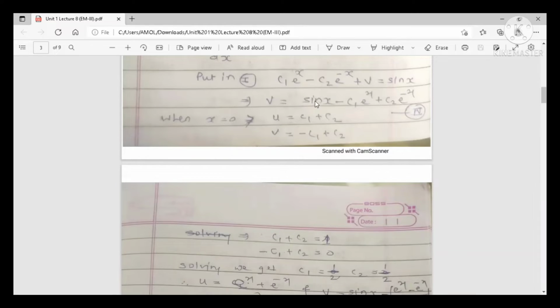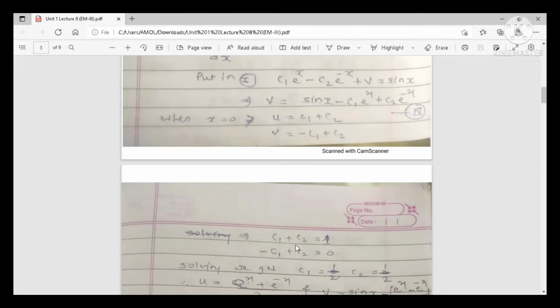When x is 0, sin 0 is 0, minus c1 e raised to 0 is 1, plus c2 e raised to 0 is 1. So it is minus c1 plus c2, in equation number 4. In equation 4, you put x is equal to 0, so this term, minus c1 plus c2, is equal to v, and when x is 0, v is also 0. So minus c1 plus c2 is equal to 0.